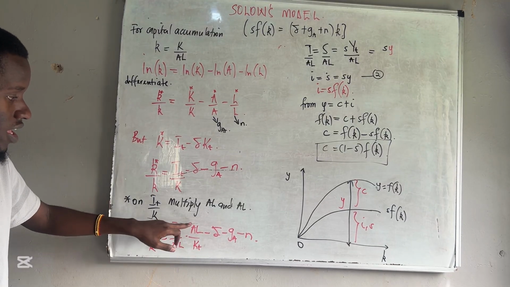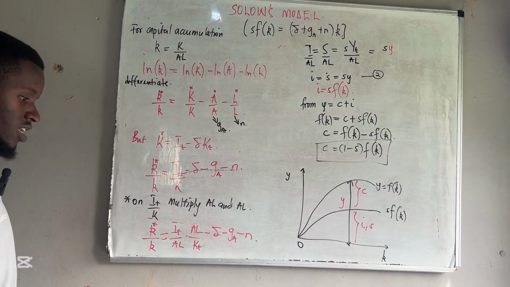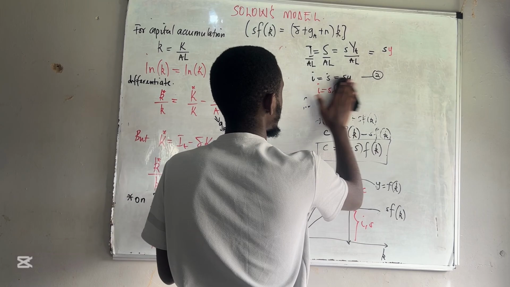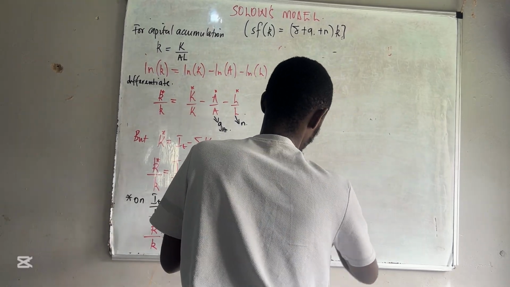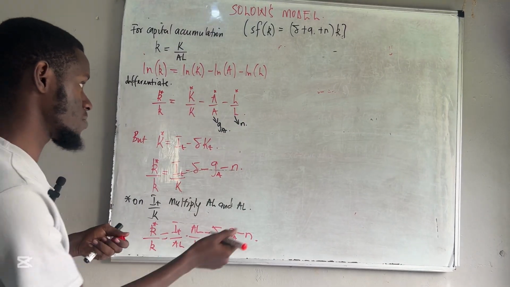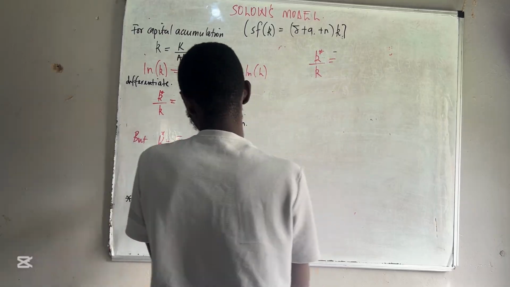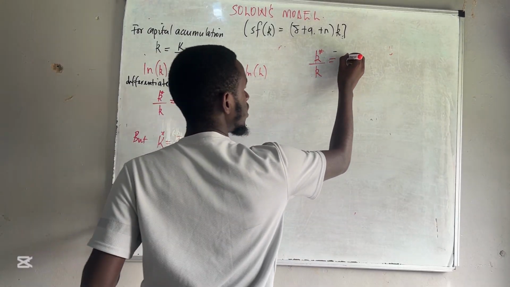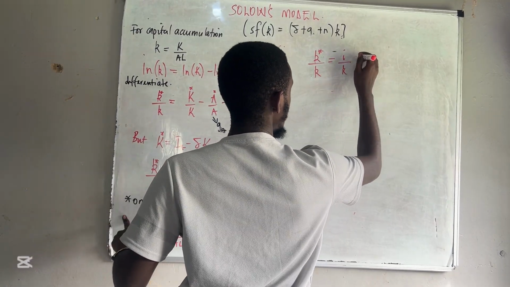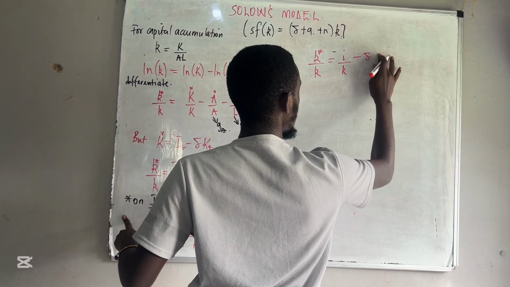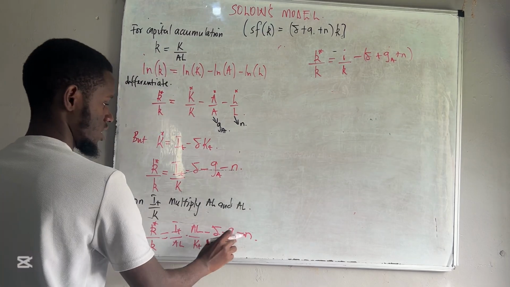Now we said K(t) over AL was capital per effective worker, but now it is the reciprocal, so I'll have 1 over k. Therefore, to go ahead from this step, I'll have small k dot over small k equals, now here I have my small i, times 1 over small k, minus sigma minus gA minus n, but under brackets, just for this negative to be there: minus (sigma plus gA plus n).